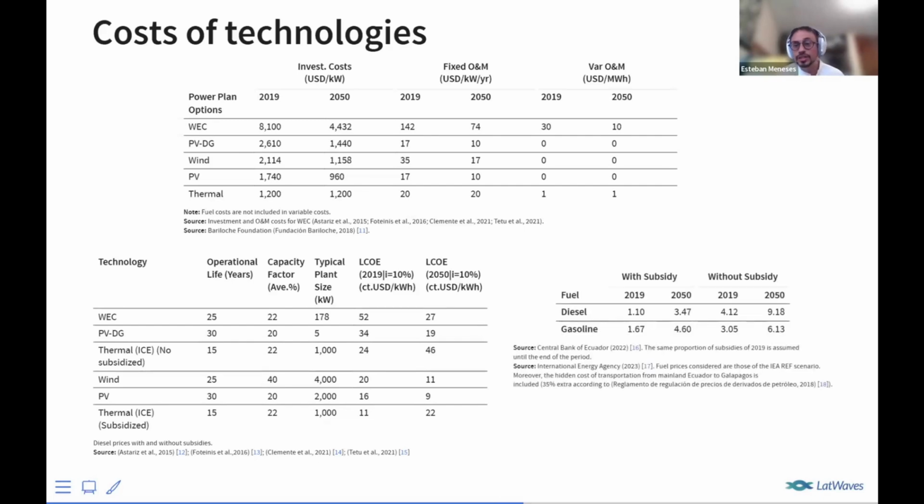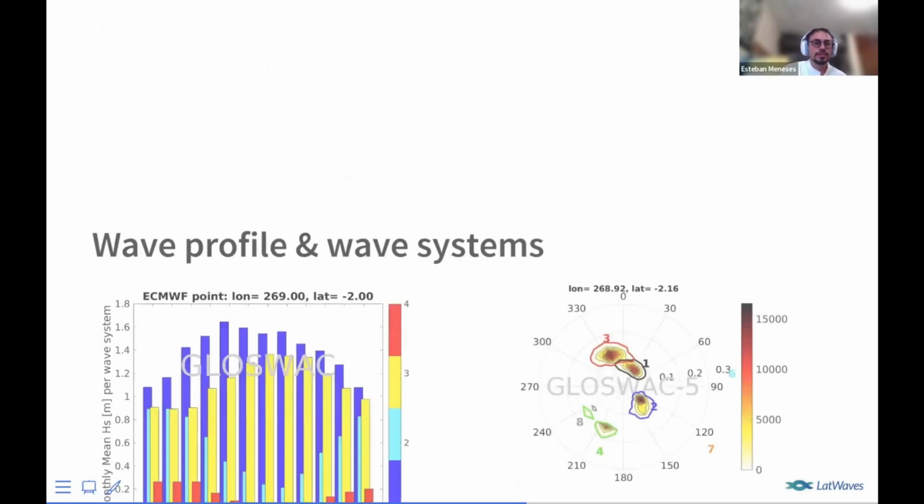We also considered the fuel prices with and without subsidies. Here in Ecuador, we have a great amount of fuel subsidies. And the fuel prices without subsidies considered the transport and storage from the Ecuador mainland to the Galapagos Islands, which is around 35% according to the government.